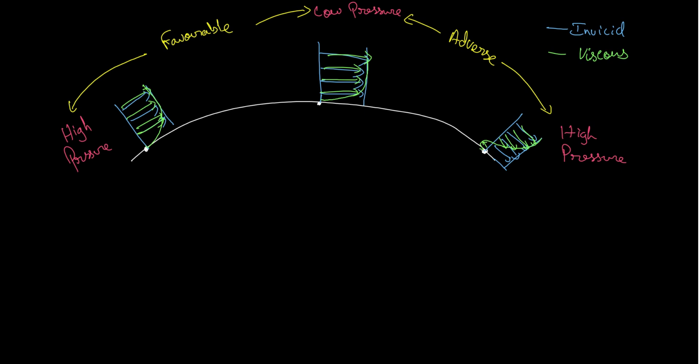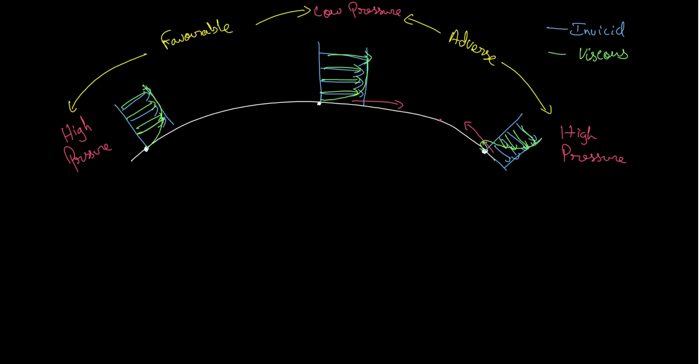Now there are a few more insights that we can get from this. If you observe carefully, the flow here is moving towards the right, and the flow here, because of the reverse flow created, will be moving towards the left or upwards. These two flows must meet somewhere, and that results in a stagnation point.